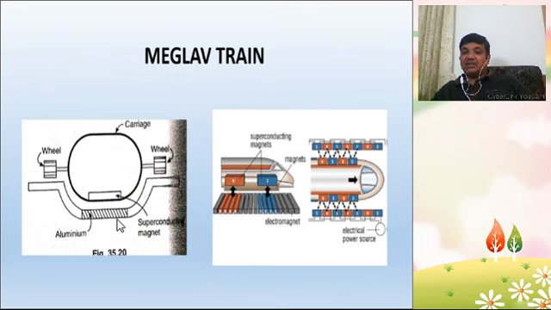We have each and every carriage in a train having a superconductor, and the path is an aluminum track with rails that have superconducting coils carrying electrical current, which in turn produces a magnetic field.